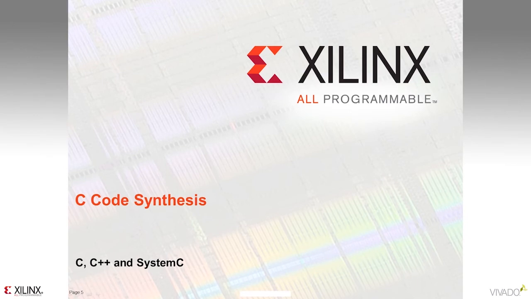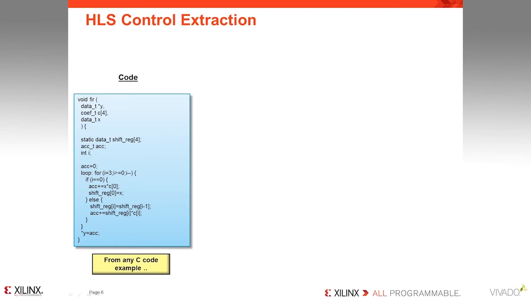So let's now have an overview of C synthesis. Here we have an example of some C code. If you look at the C code, you'll see it's basically an FIR filter. It sets an accumulator to 0, and it then goes around a loop from 3 down to 0. It's a small example. If I equals 0, it starts at 3, so we don't do that to begin with.